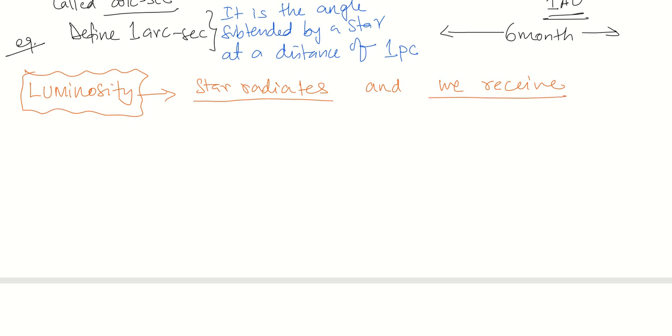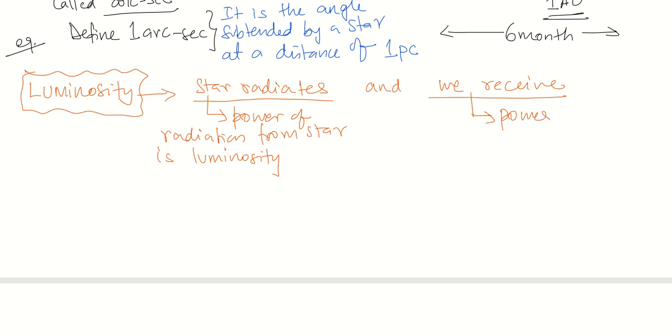So technically the power of radiation from a star is luminosity. Okay, and power received per unit area is known as apparent brightness.